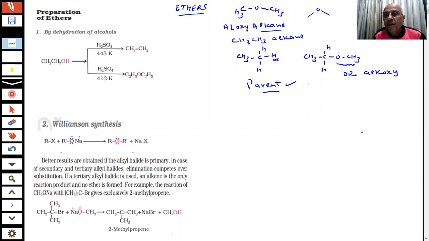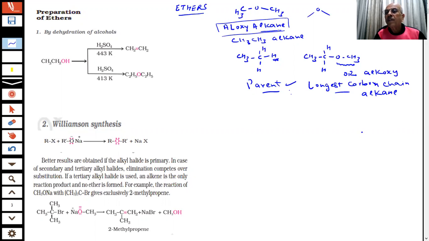When we name it, the longest carbon chain is the parent of this, so that we take as alkane, because I'm saying alkoxy alkane. Alkoxy alkane means the smaller carbon is alkoxy and the longer carbon is the parent of that.